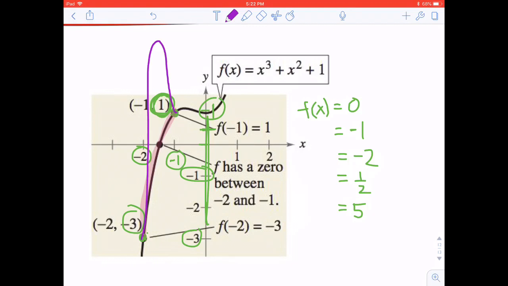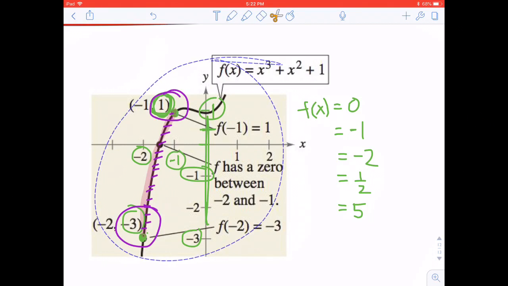That's pretty much what the intermediate value theorem is saying: if we know the ending y values here, then we have to have y values all the way through, but it doesn't necessarily mean we're going to have y values anywhere else on this function. So we don't know what's happening past y equal to 1 and y equal to -3.